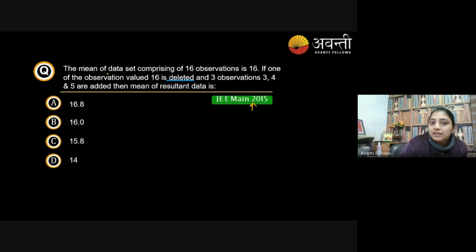They said the mean of data of 16 observations is 16. Right, everyone? Yes, students, D is the correct answer. Right, everyone? That's good, Mannat, Harini. It's right. So if 16 observations are there and 16 is the mean, then sum is equal to 256, right, Ronak? Yes or no?